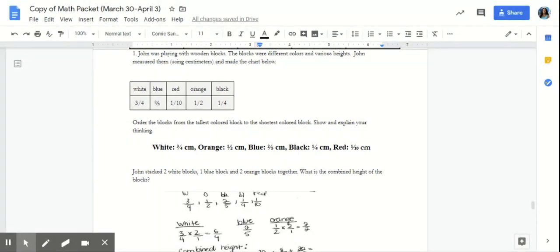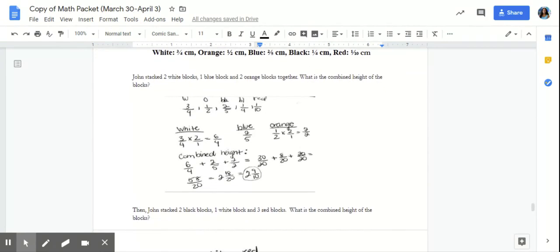As a decimal, we know that 1/2 is 0.5 or 5/10. So we'll be able to use that information to help put our fractions in order. And also thinking about the unit, centimeters. So your order should be white, then orange, then blue, then black, and then red.